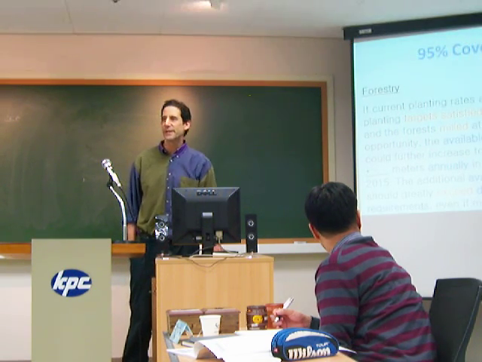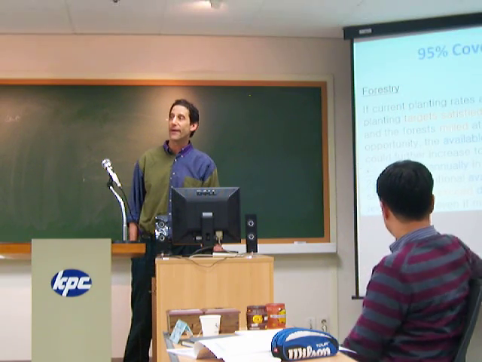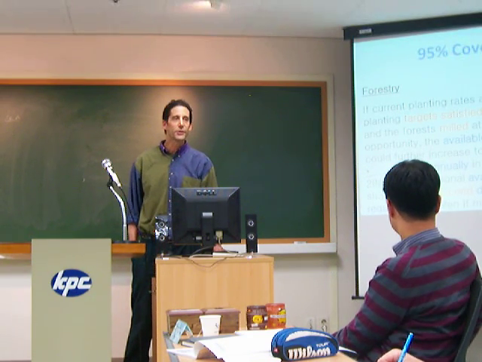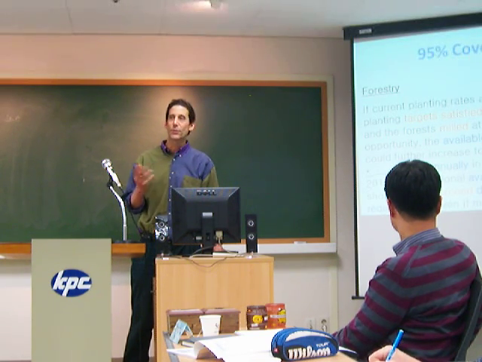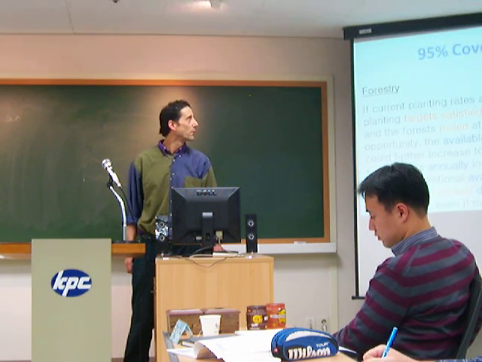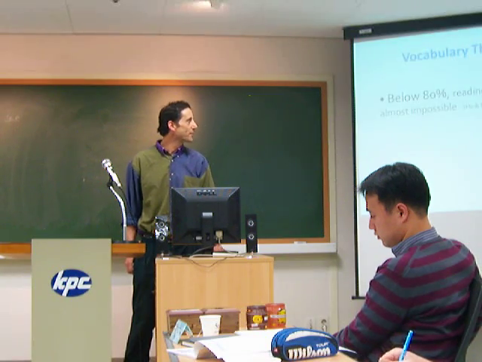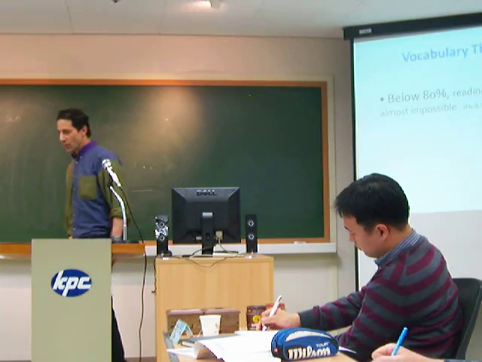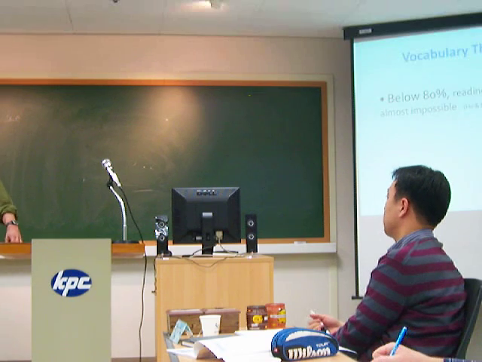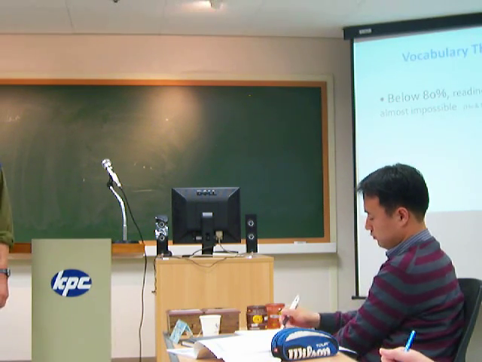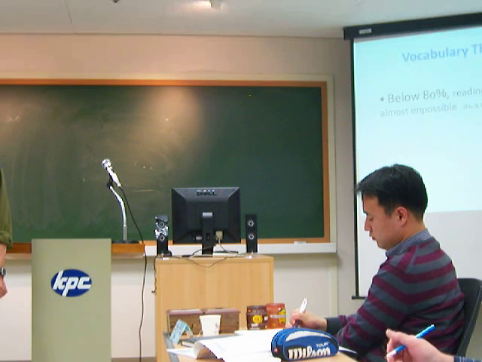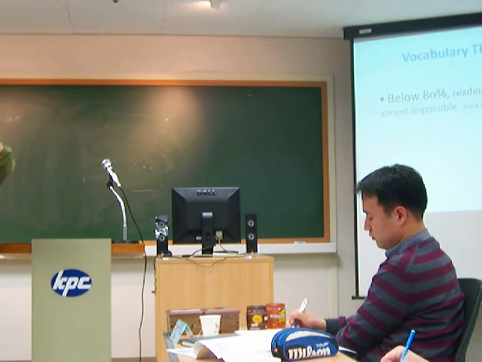Actually, the linguists have decided that it's not till you get to 95% of the words that you can really get the gist or the meaning of a text without a dictionary. So we have vocabulary thresholds. At 80%, if you understand 80% of the words of a text, you will not be able to understand the text, even with a dictionary, because the dictionary meaning is a little vague, and you're getting interrupted.